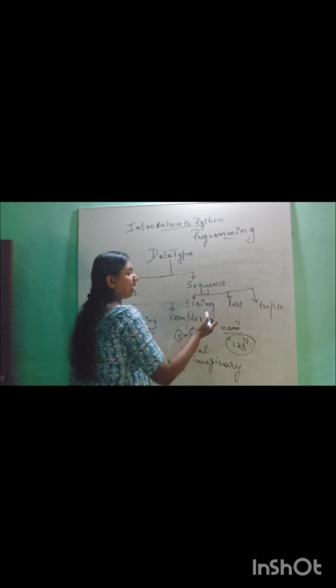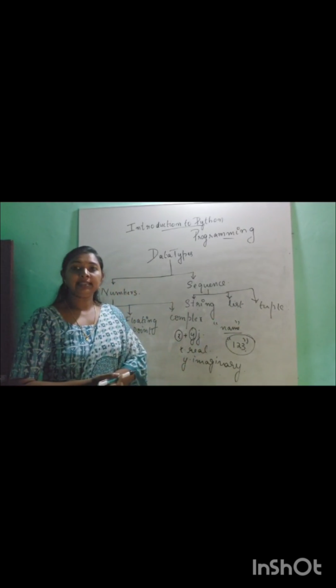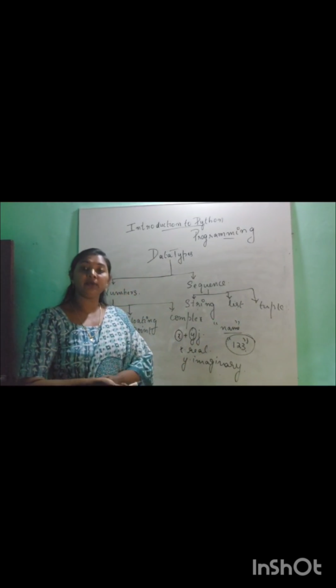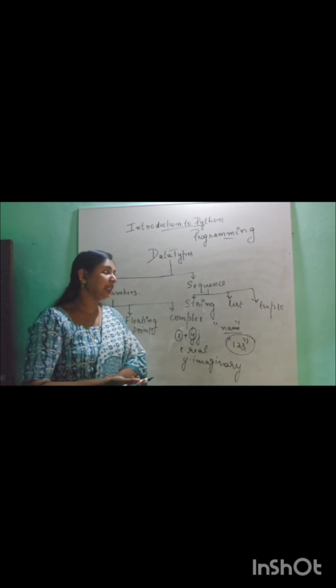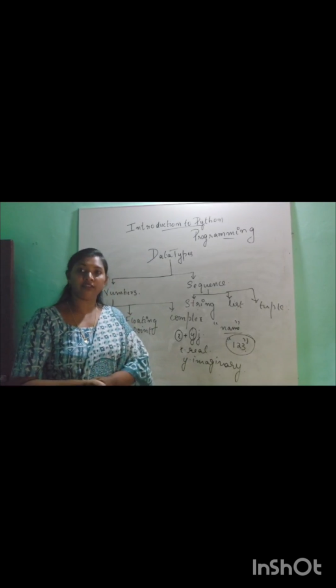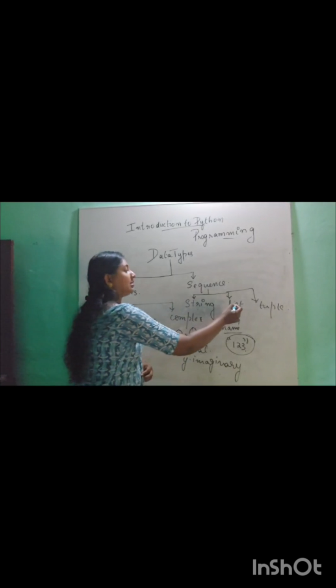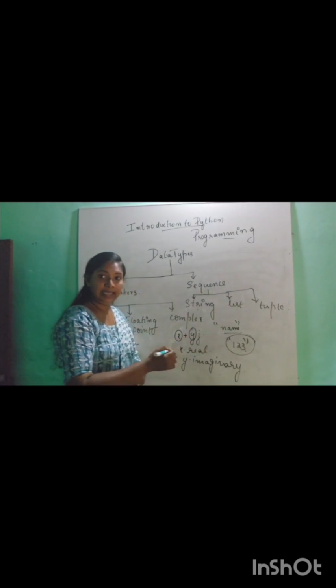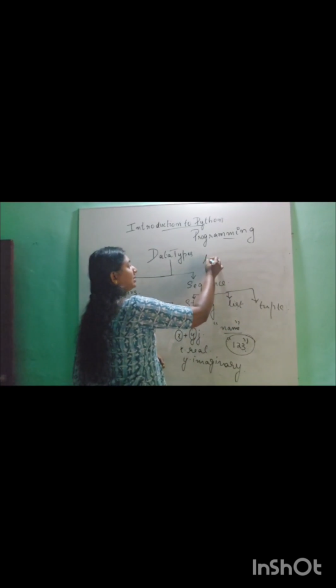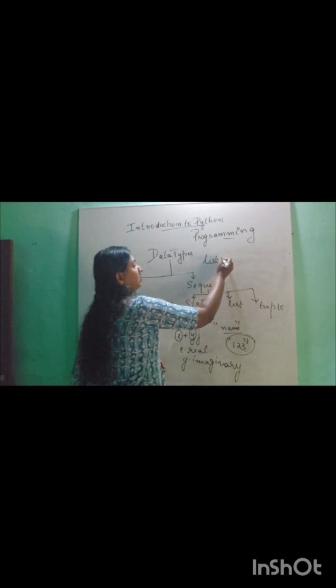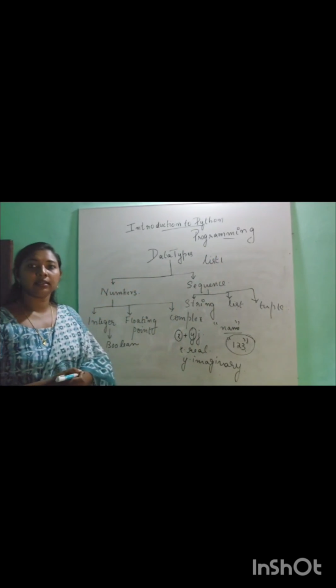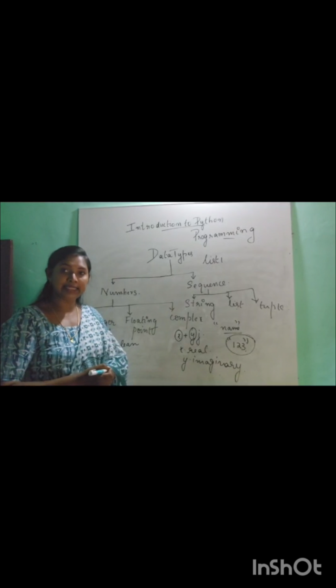So the next data type is list. A list is a collection or sequence of values. I will show you an example of creating a list variable and naming the variable list1.